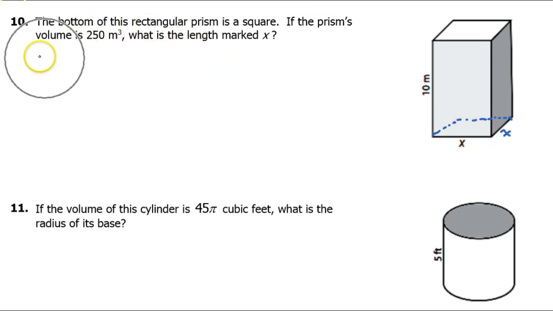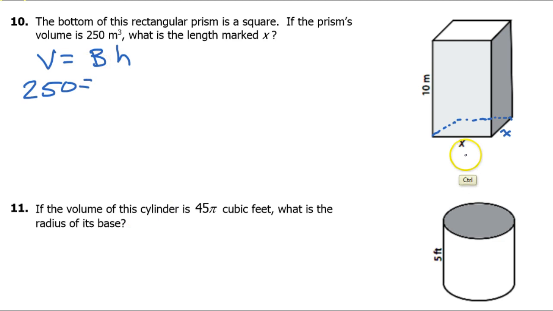Okay, so volume. We know that volume is equal to the area of the base times the height. They gave us the volume, so that's 250. Now when it comes to the area of the base, we don't have any numbers for the base, but if we did, we would multiply them because the area of a square is just length times width.